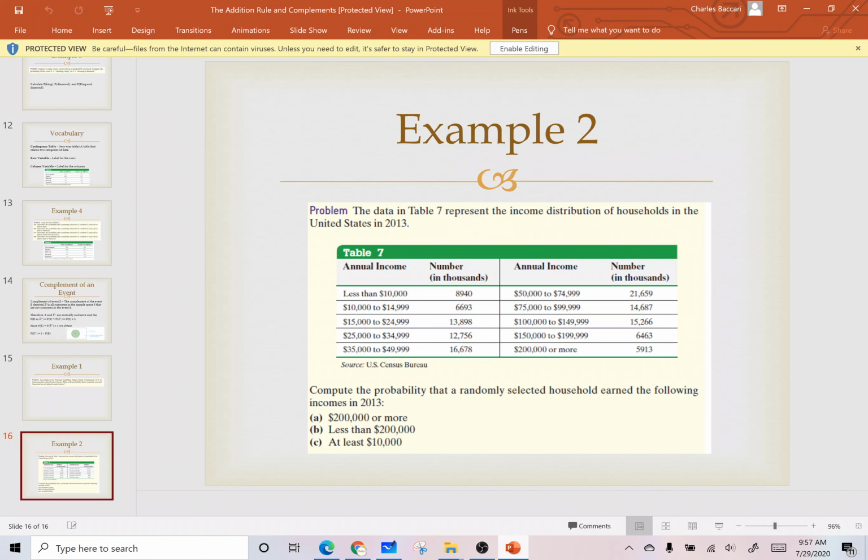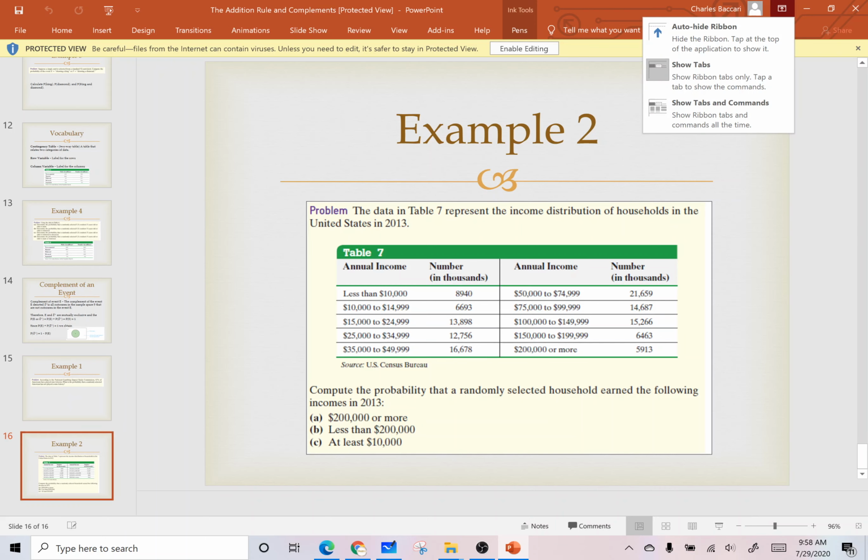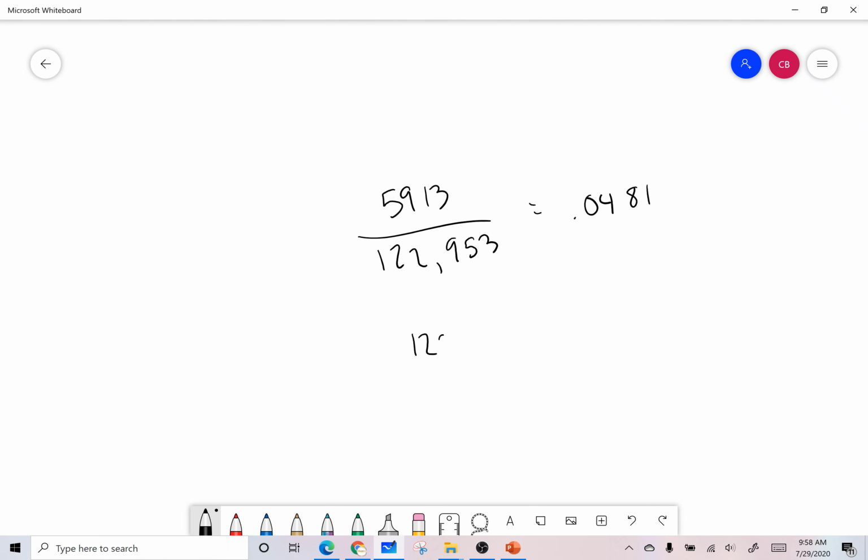The second question is less than 240,000. Or I'm sorry, less than 200,000. Well, that's easy because 200,000 or more is this one, so that's everybody left over. So all we need to do is 122,953 minus 5913.